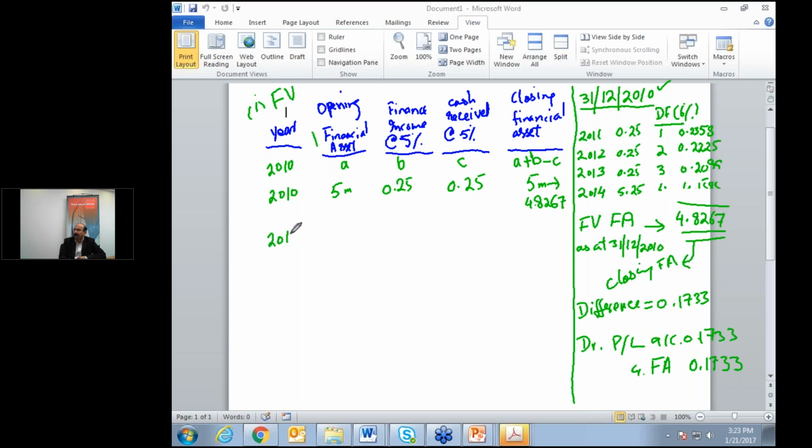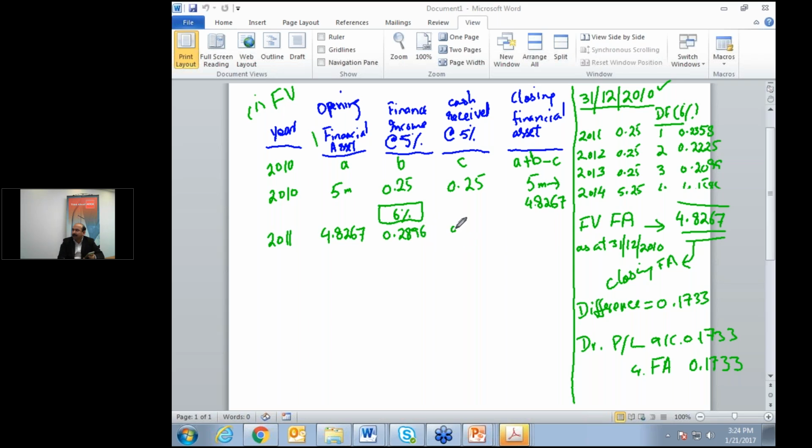So for 2011, the financial asset is now 4.8267, and for the second year, your effective interest rate is now 6% till any further change. So 4.8267 into 6% will give us the finance income of 0.2896.